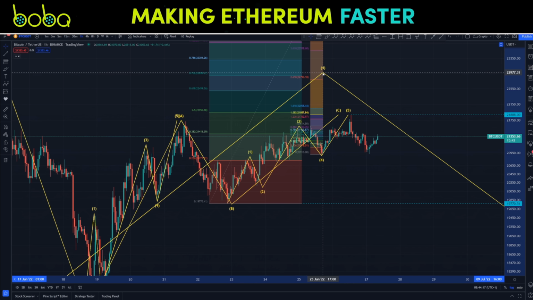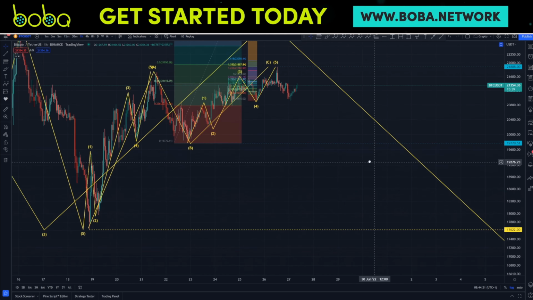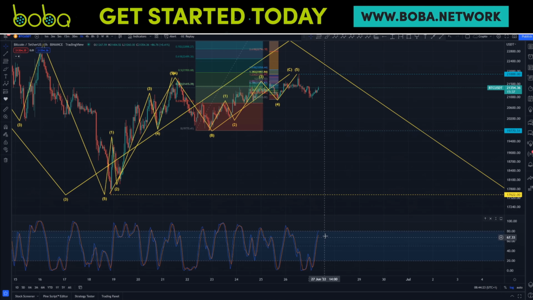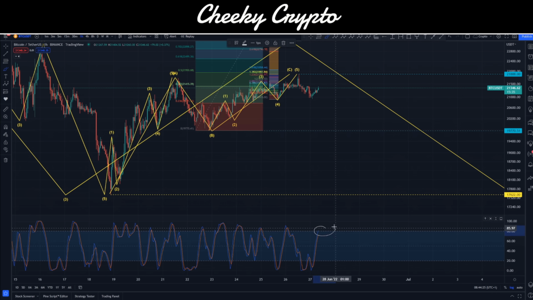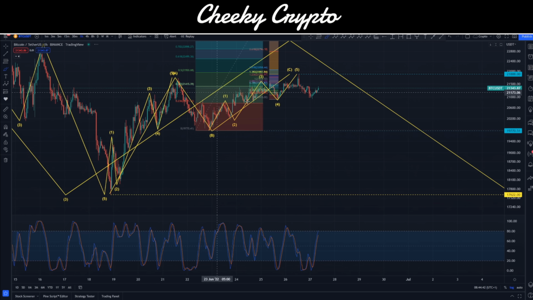Okay, so what I'm going to do is zoom out a little bit here. Actually, before I do that, let's acknowledge that we are close to overbought here on the hourly chart. So the likelihood of pushing up past 21,888 on this hourly chart is very unlikely. However, the 4-hourly chart is oversold, so from there we could maybe see something, but I think that's a bit of a push at this point.